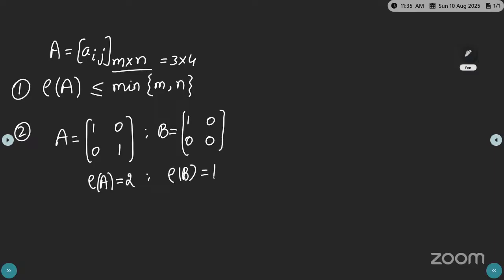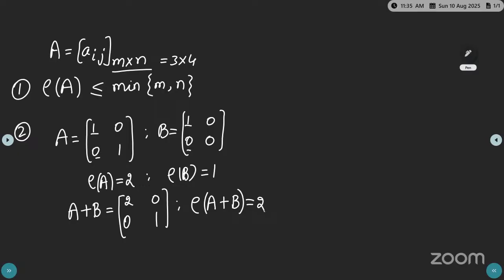Good. What about A plus B? Add the similar elements. 2, 0, next 0. So what is rank of A plus B? What relation can you write among these?